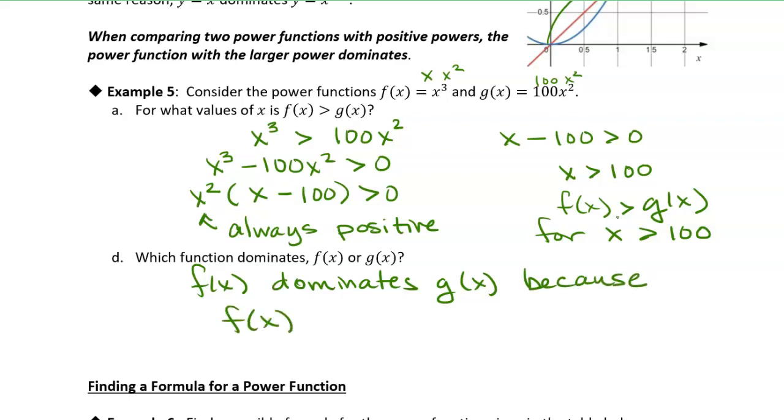Or you could say as x gets larger and larger, or for large values of x, in the long run, f of x is always greater than g of x. All right, so f of x dominates g of x.